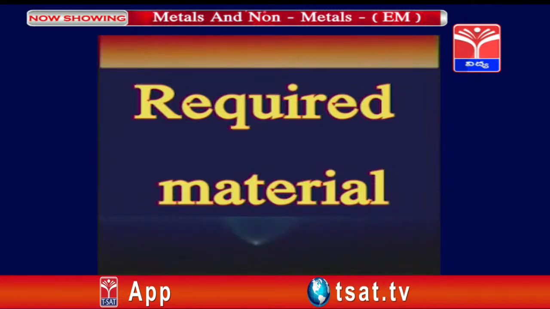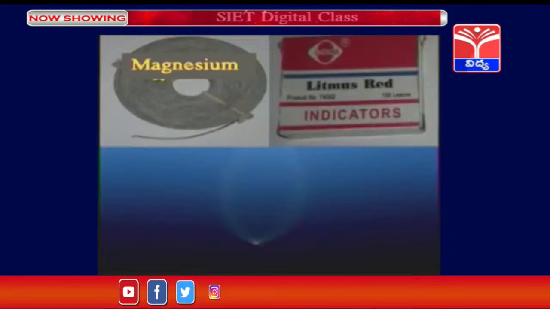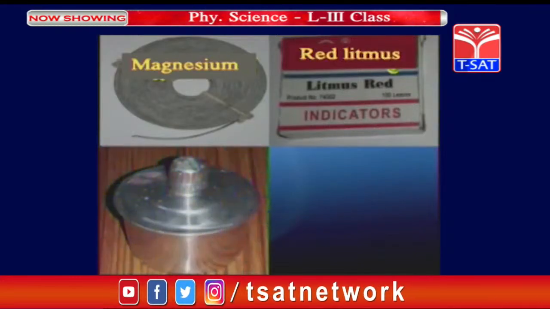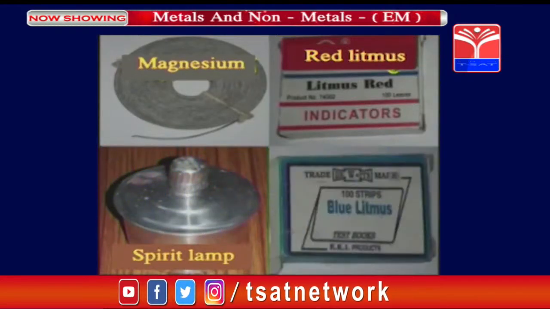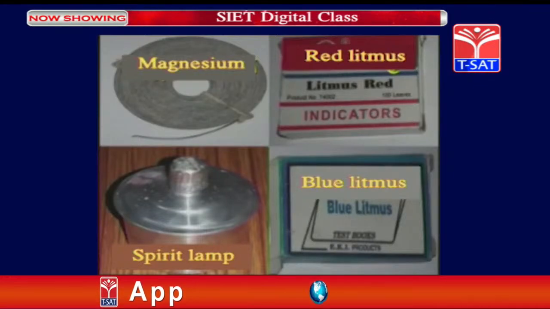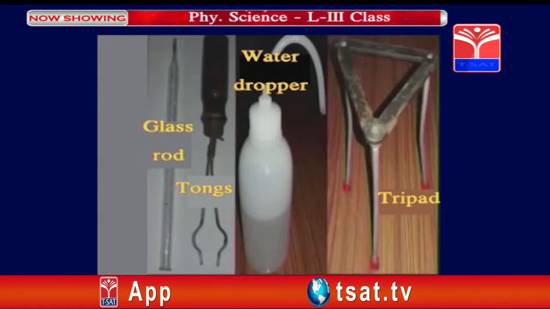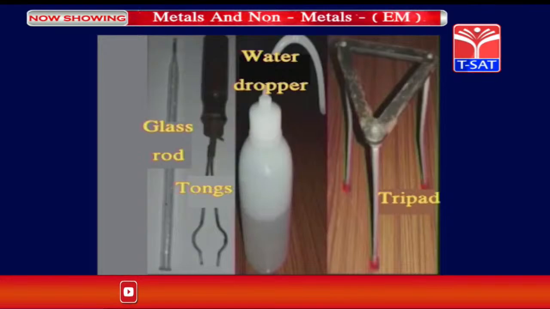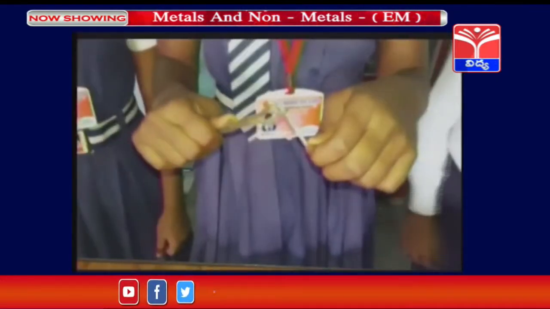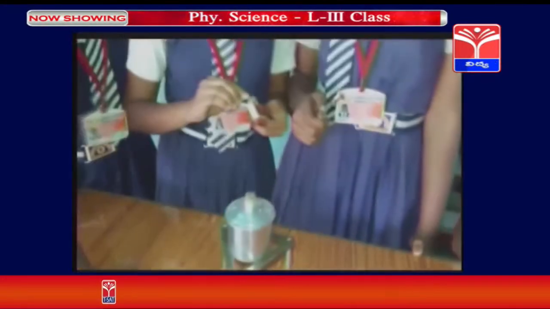The required materials are magnesium, red litmus, spirit lamp and blue litmus, and some more materials: water, dropper and glass rod. Here is the process. Take a small strip of magnesium and note its appearance.